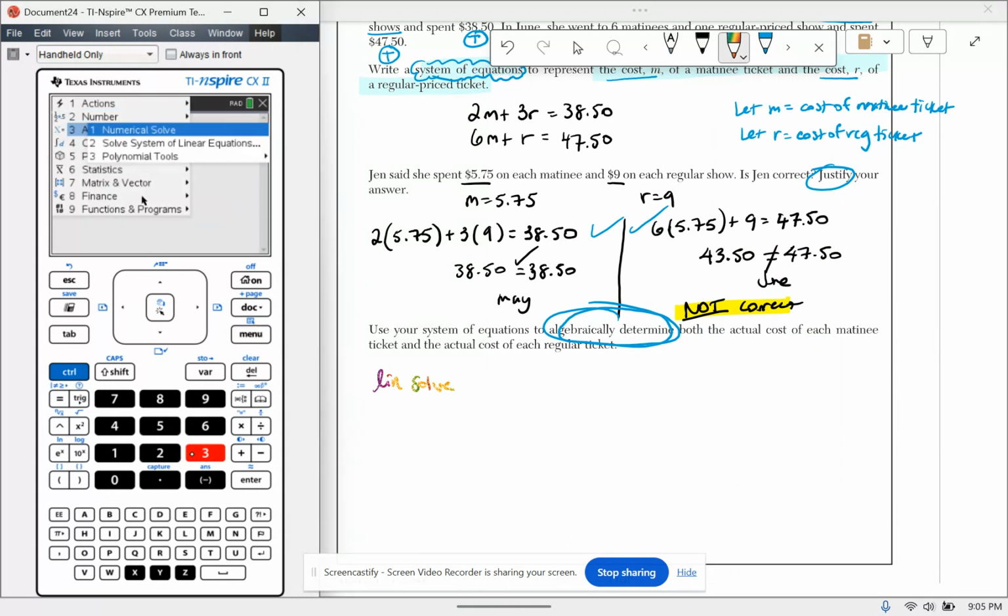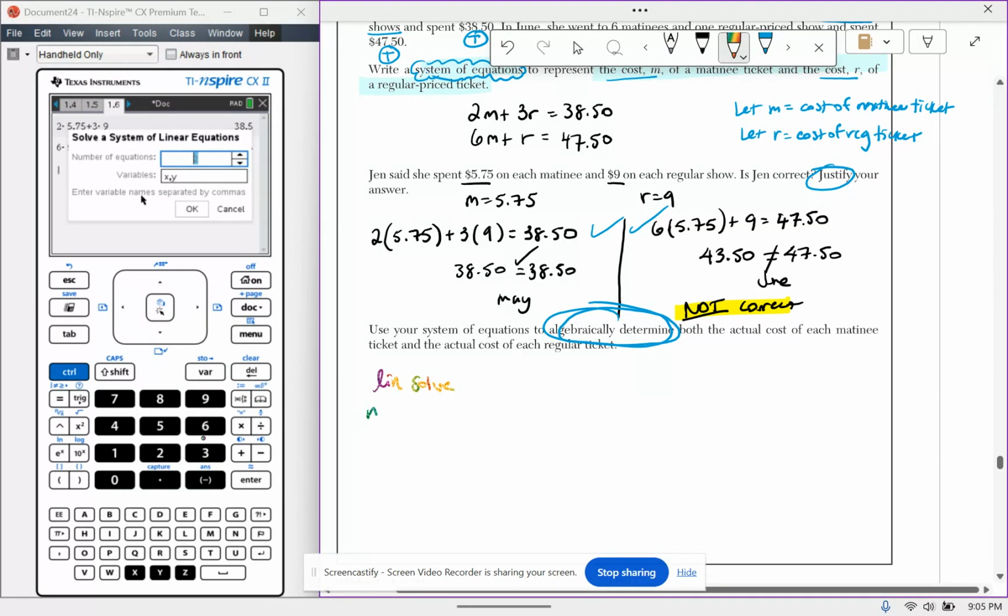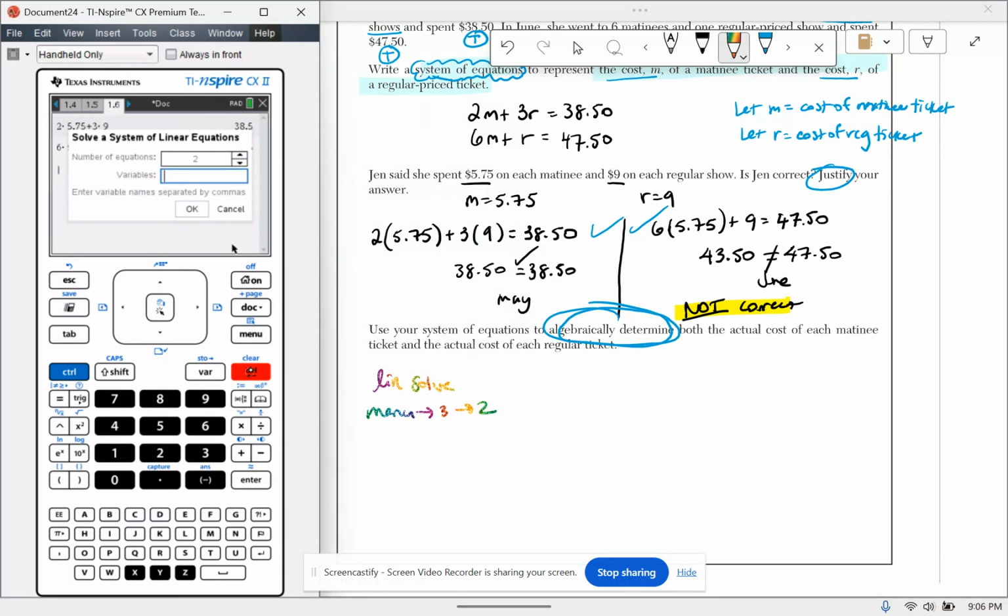So let's type it in LinSolve. Menu 3, 2. And then if they give me two different variables than what I usually work with, I'm gonna change it to m comma r because then I know exactly which one is which in my answer. So I'm changing it from x and y to m and r just because that's what the problem used.